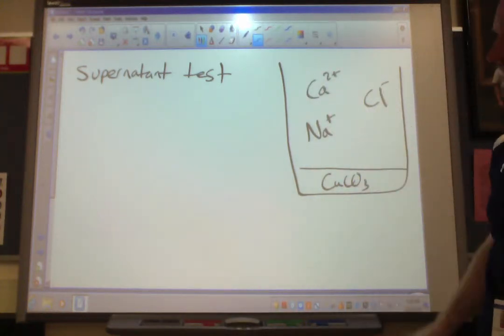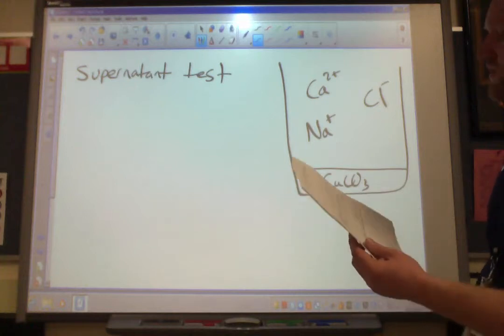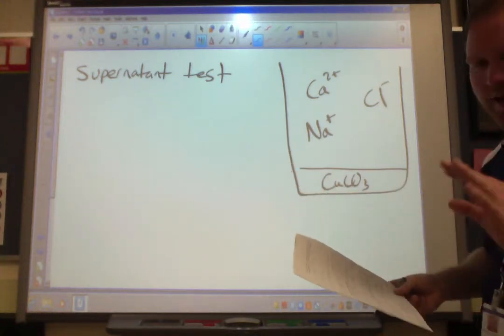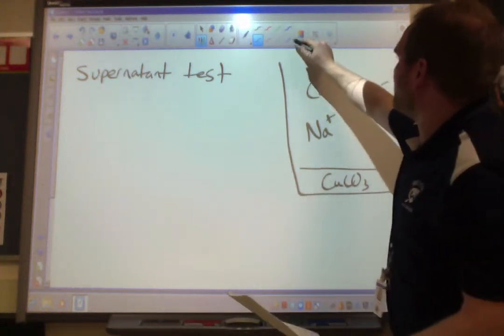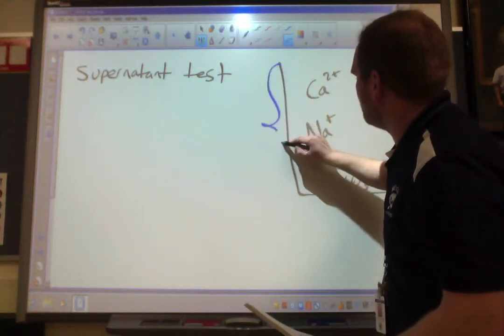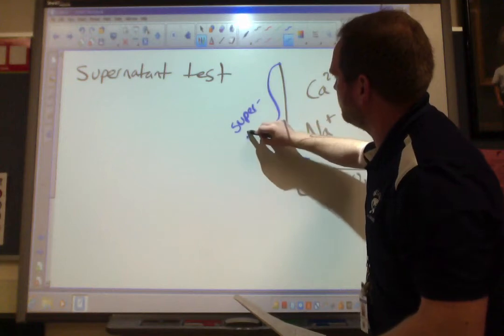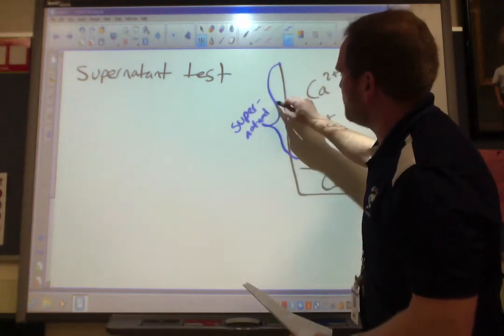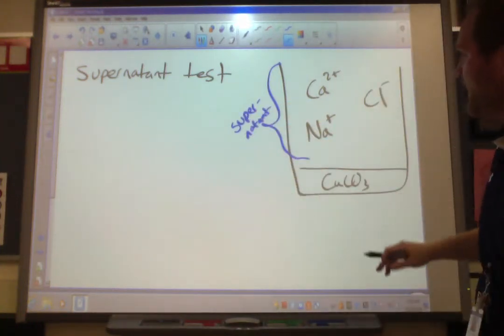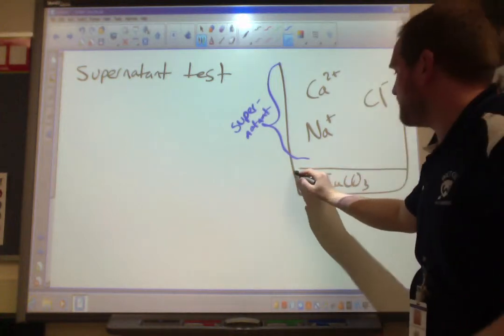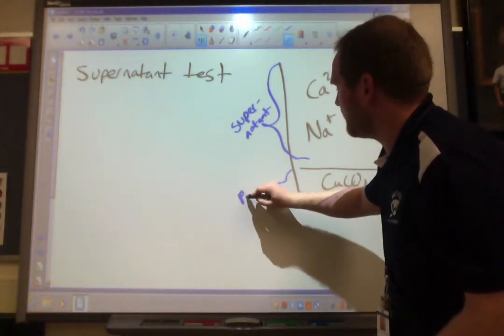Now just for time, I'm going to ignore the waters here. So the supernatant test, you're going to add both of your reactants to the supernatant. Now remember, this is your supernatant. Super means above, so supernatant is the liquid that is above your precipitate, and that is our precipitate.